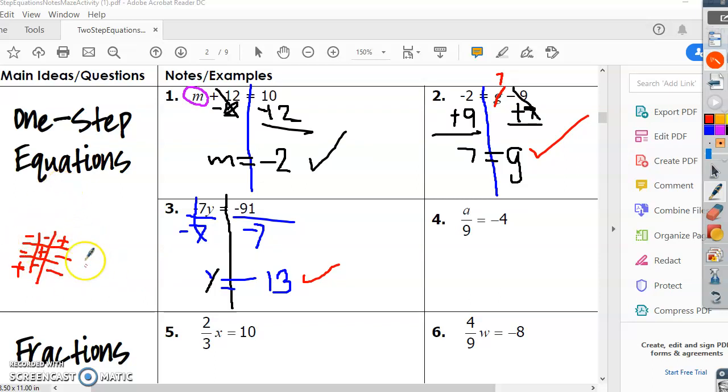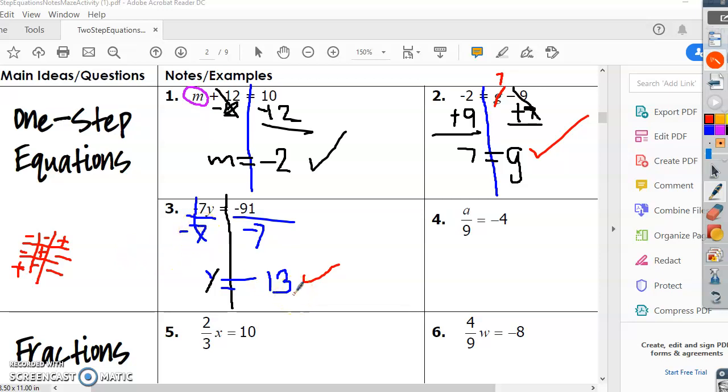So if I wanted to use this strategy to remember my rules for integers for multiplication and division, I will go ahead and do negative divided by negative. So here it is, negative divided by a negative equals positive. And there it is, +13. So that's how that works.